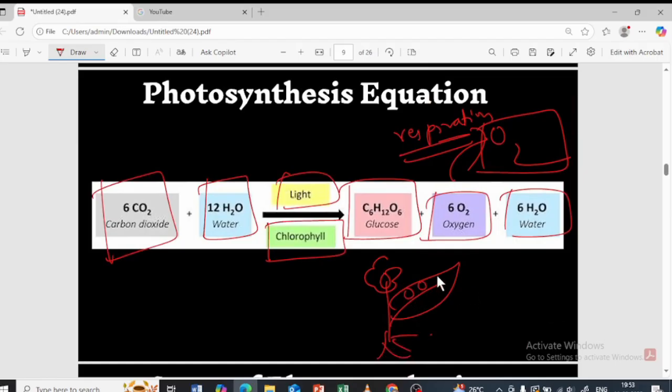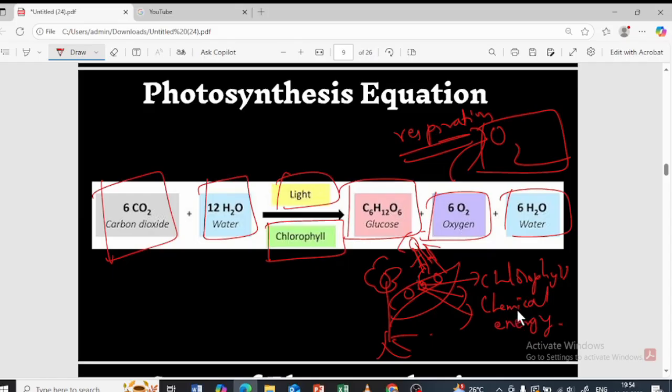Now the chloroplast cells will be present here, in which the chlorophyll pigment will be there. The sunlight will fall on this chlorophyll pigment, which will absorb this light energy and convert it into which energy? Chemical energy.